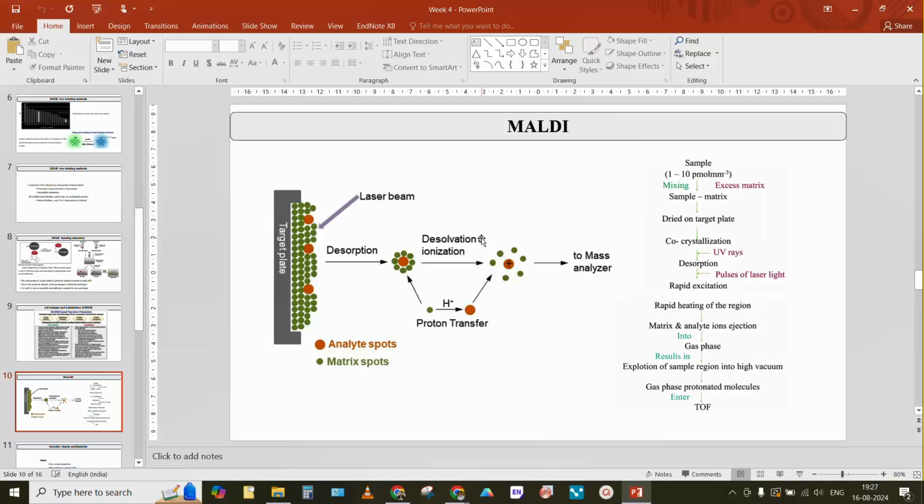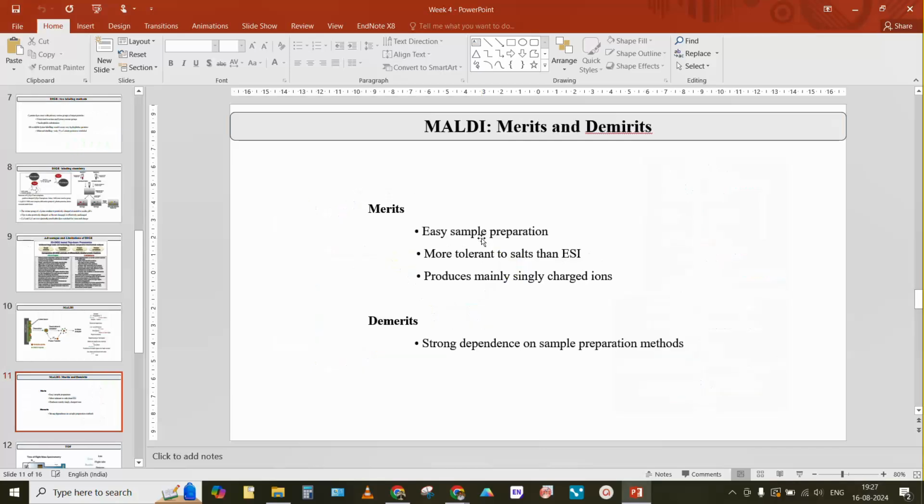So now the merits and demerits. There are some advantages and disadvantages of using MALDI as an ionization source. The sample preparation is very easy. MALDI provides high tolerance to salt as compared to the electrospray ionization method. MALDI produces singly charged species, as most analytes can accept a single proton.